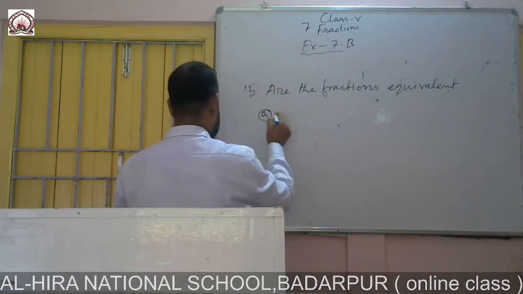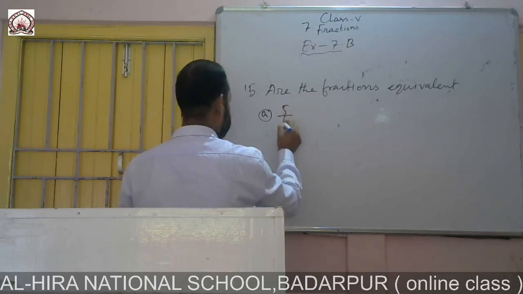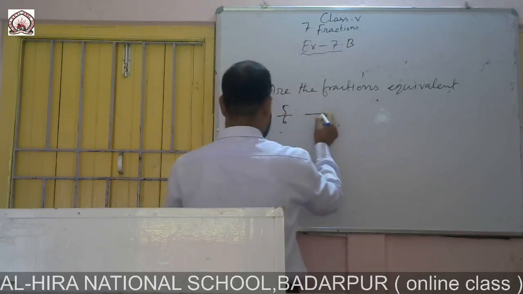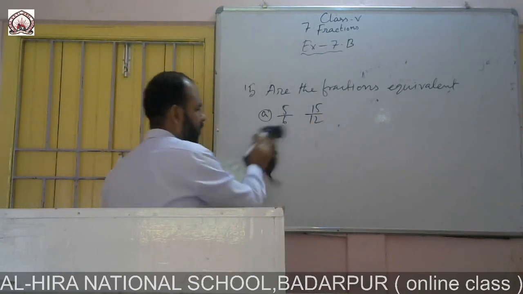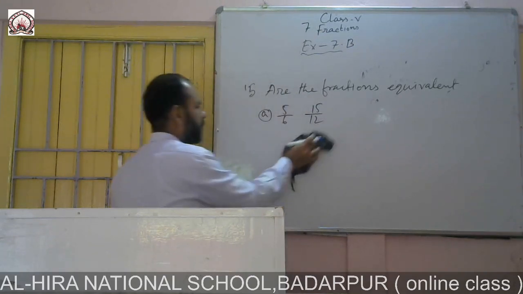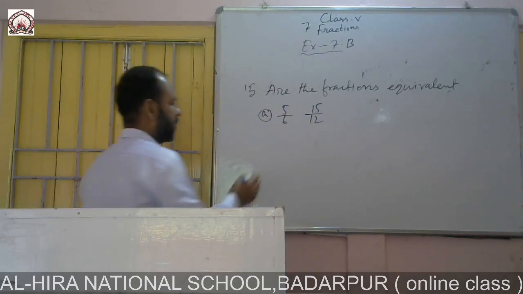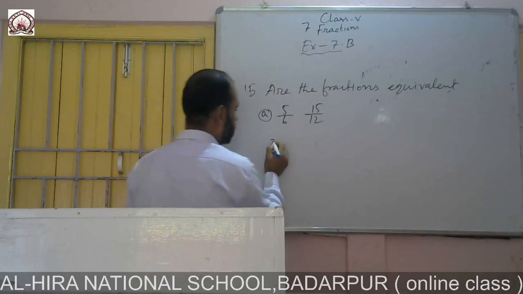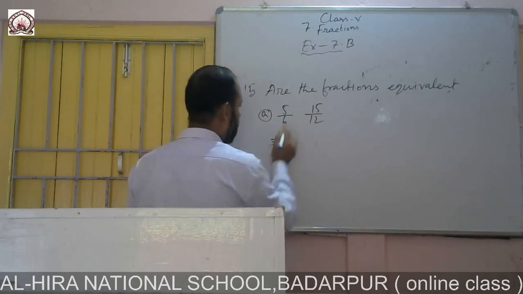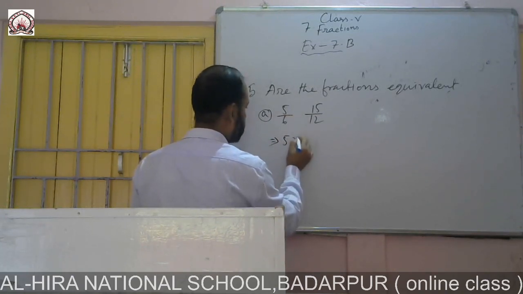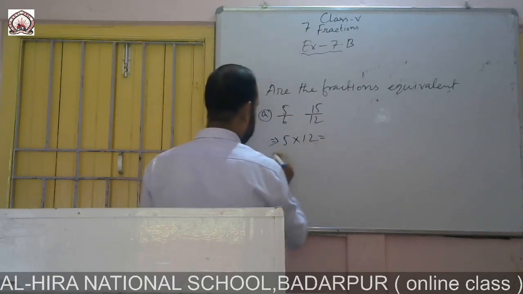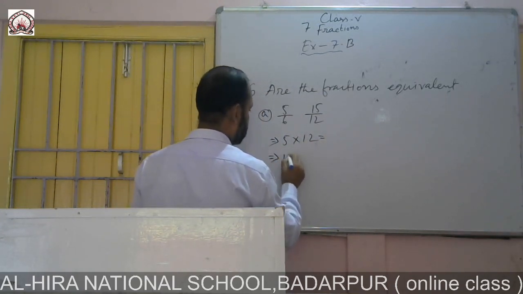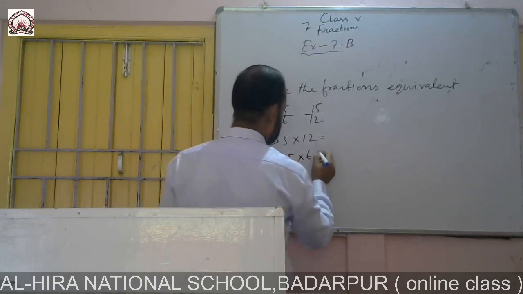Question number A, 5 by 6, 15 by 12. So how do we check the fractions are equivalent or not? By doing cross multiplication. So we can write what? 5 into 12 and 15 into 6.